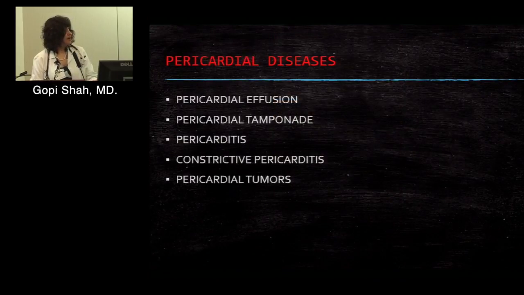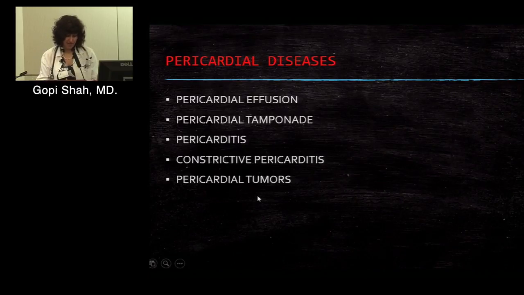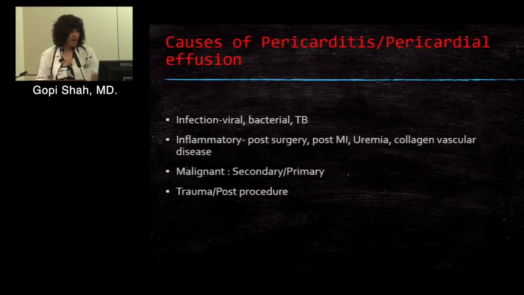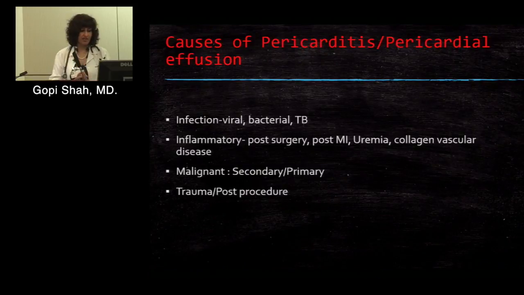As I mentioned, these are the diseases that we normally deal with: the effusion, the tamponades, the pericarditis. There is a role of echo in constrictive pericarditis and pericardial tumors and cysts. The commonest etiology of pericarditis is infection, maybe viral sometimes.